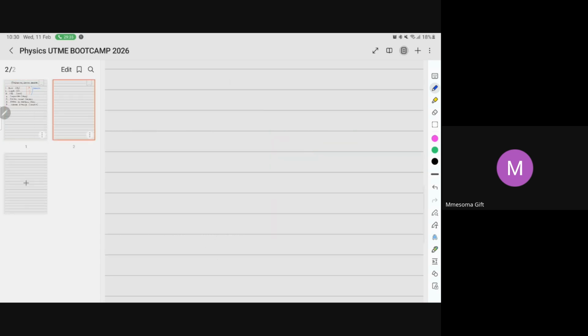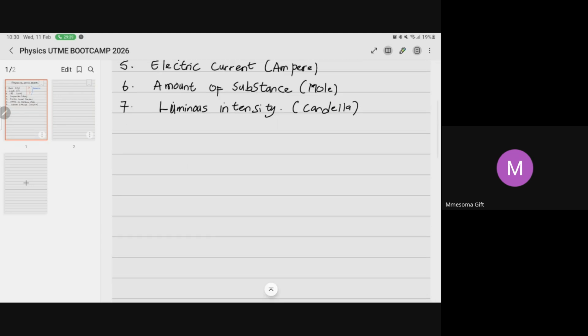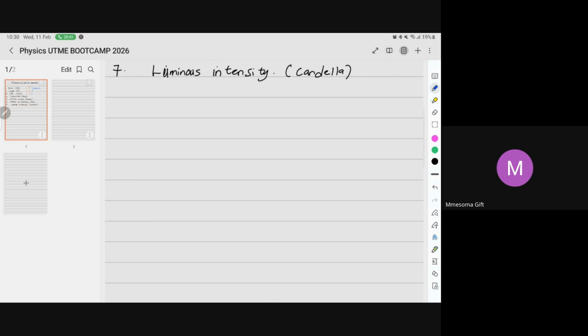So the next one is your derived quantities. Are we together? Later on, hopefully I'm going to send this slide to us. So now we'll have the derived quantities, as many as you can mention. This is a very quick one; we're not going to take so much time on it.